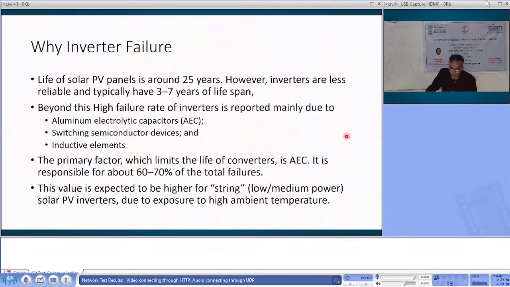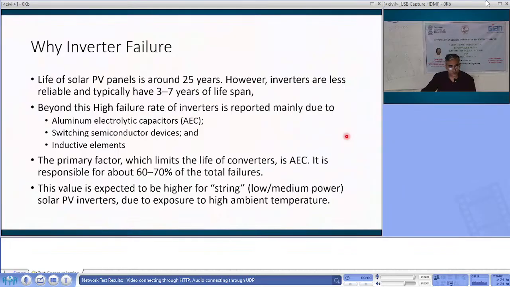This value is expected to be higher for string, low and medium power solar PV inverters due to exposure to high ambient temperature. We have huge temperatures in the months of May and April. This April had especially high ambient temperature, and we observed more sunny days. We observed that several inverters failed, and we floated another tender to replace those inverters.